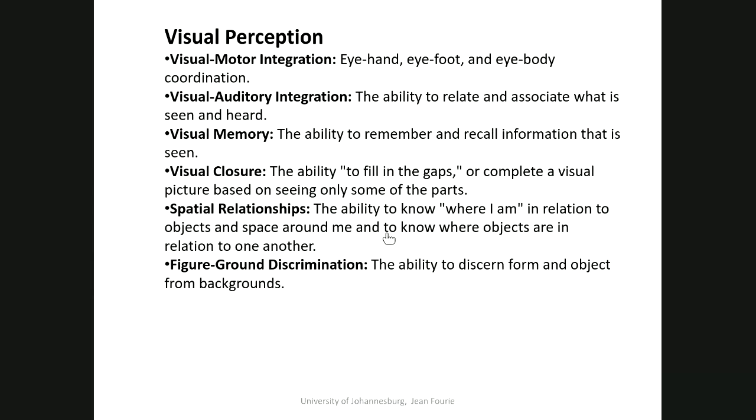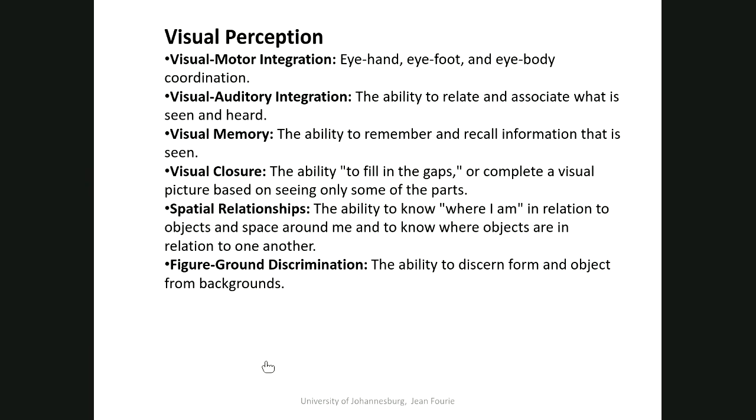So it's really important that children are crawling and exploring their world and doing lots of things, because it helps them to understand where they are in relation to the world. Are you on top of or underneath or behind or next to? And joining the language and the spatial relationships is a key aspect of visual perception.